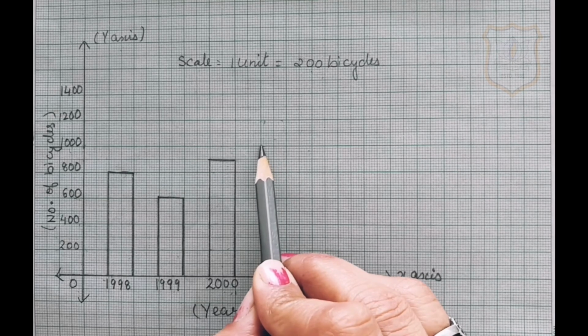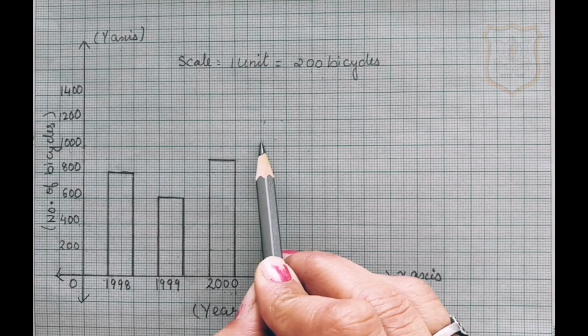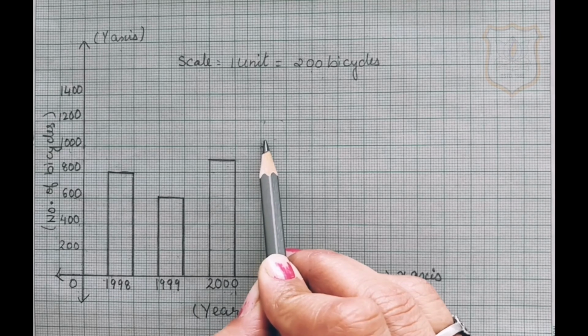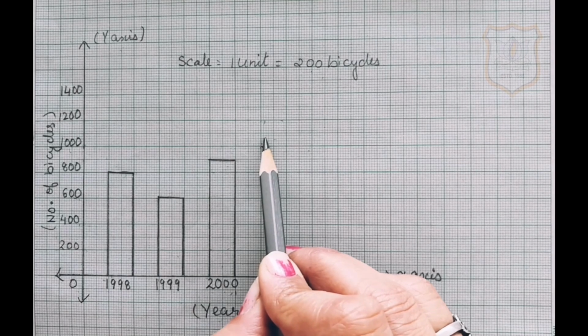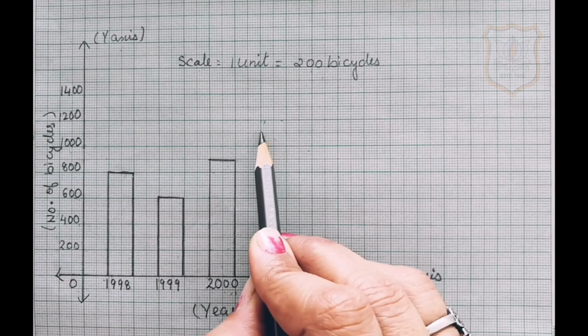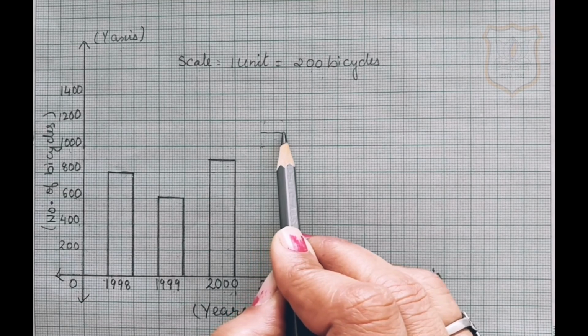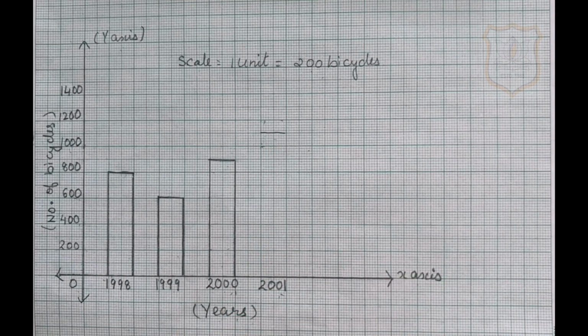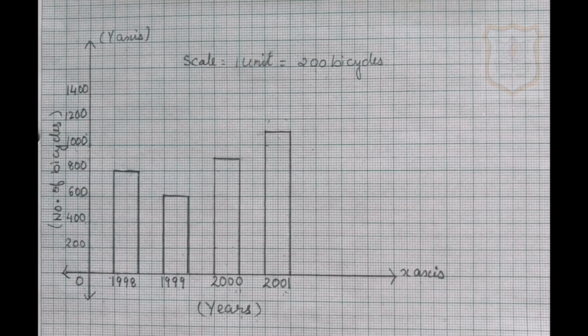So this is 1000 and this line will represent 1020. This will represent 1040, then 1060, 1080, and this one will be 1100. In this way we will draw a vertical bar which will represent that 1100 bicycles were manufactured in the year 2001.